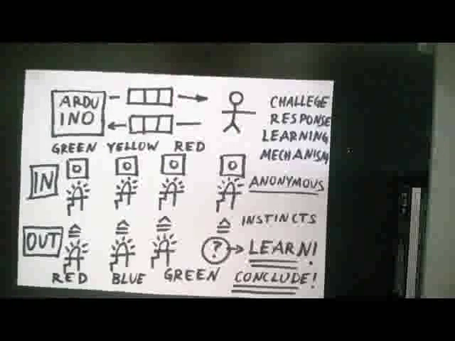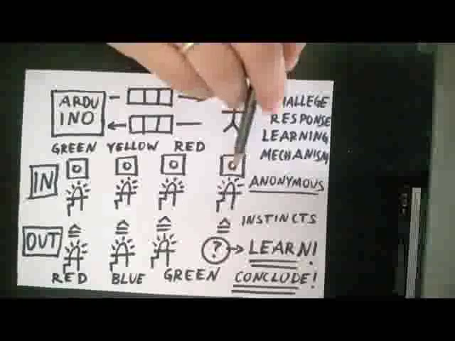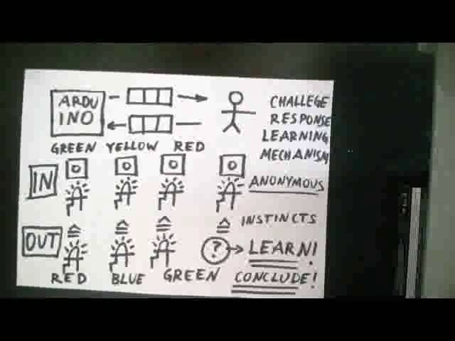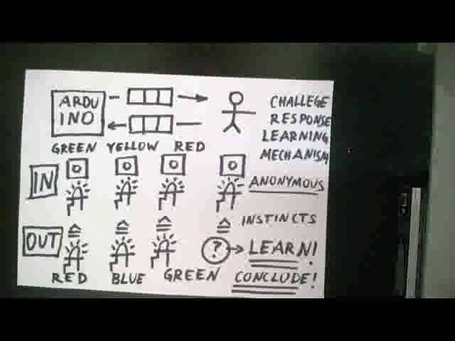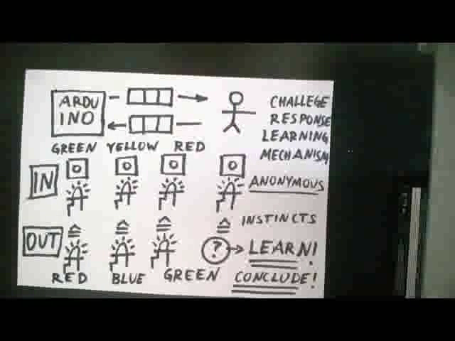But what happens with the anonymous button? Well, it has no direct instinctive reply to it. The anonymous button is just being perceived but not directly connected to any kind of action. To learn a proper action for the anonymous button, the system must employ evaluation. It must learn that by analogy.